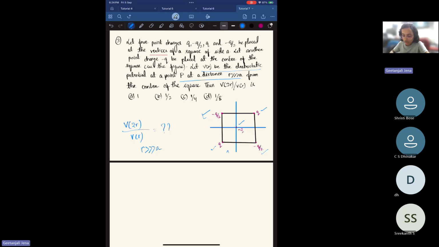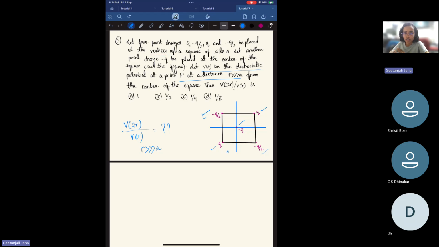Okay. So check once. Check whether the dipole moment is zero or not. So finding out the monopole is quite easy. It's the summation of the total charges.